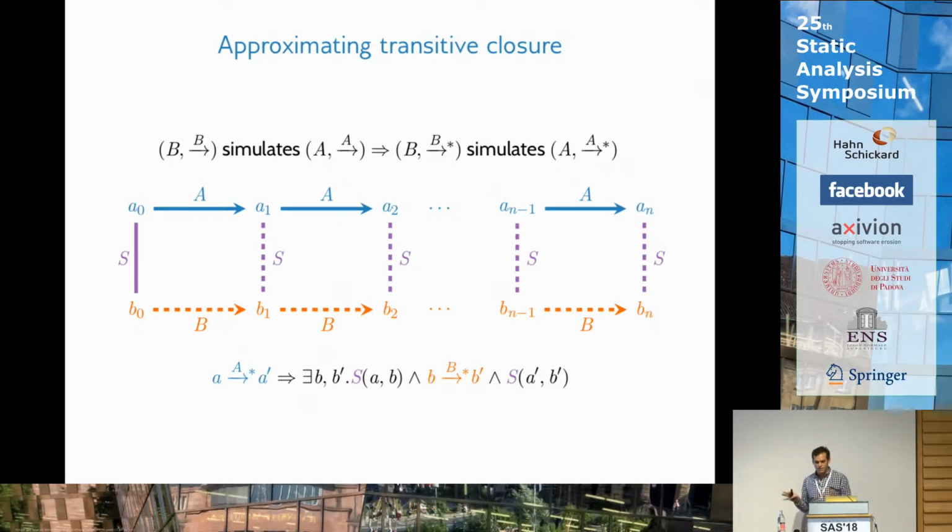And I think this is the answer to your question, Aus. The relationship between the abstract state and the concrete state is restored by the second application of S.